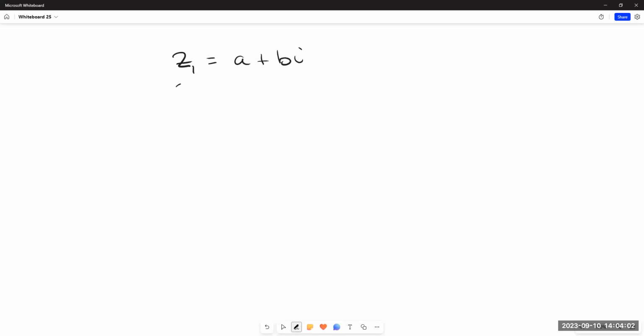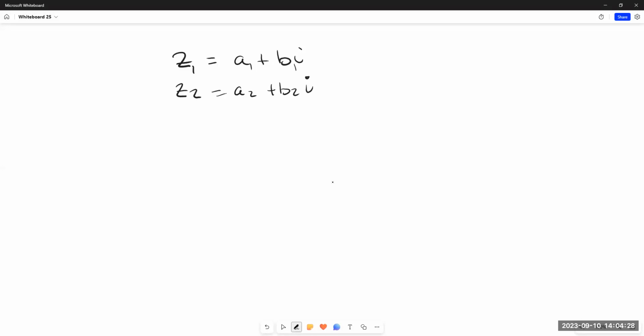I'll just call them z1 and z2, a1, b1, a2, and b2, like so. And these are going to obey a lot of the same rules. So I could really look at this like it's a two-dimensional vector, and it's going to obey a lot of the same kinds of rules.